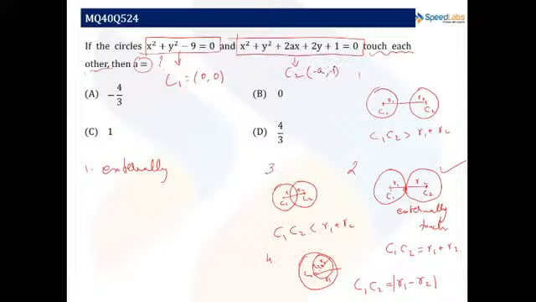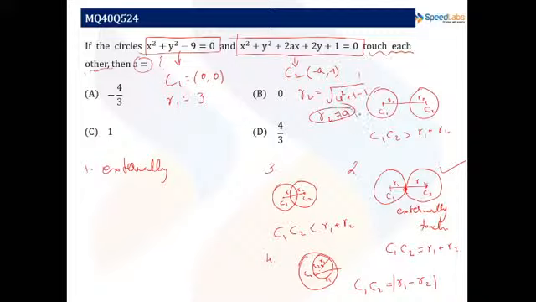From the condition x square plus y square plus 2gx plus 2fy plus c equals to 0 have center minus g comma minus f. And for this r1 is 3. For this r2 is under the root g square plus f square minus c. So our radius r2 is A.